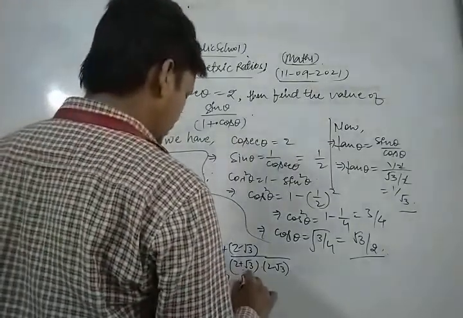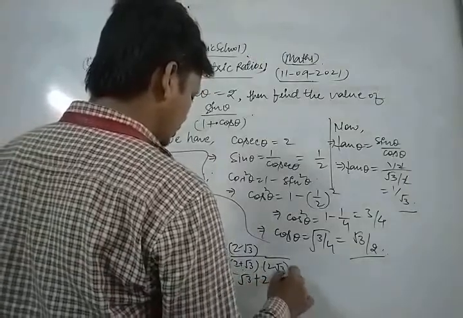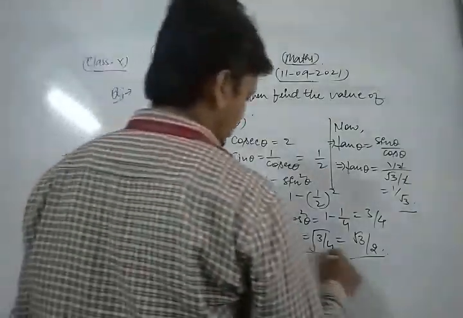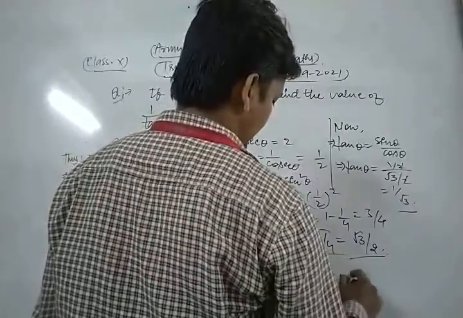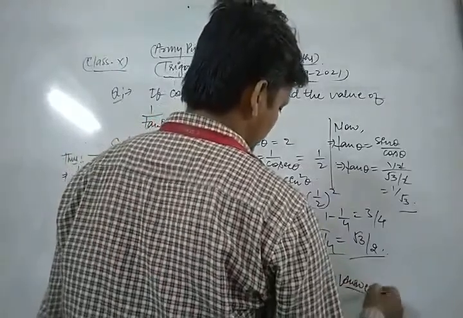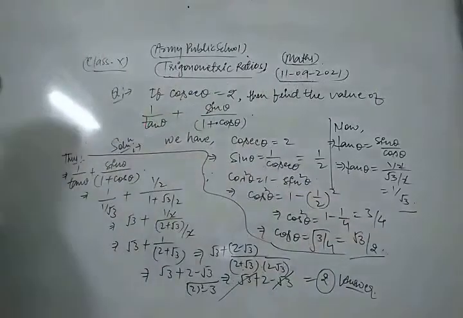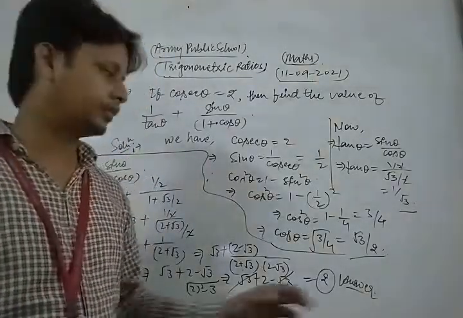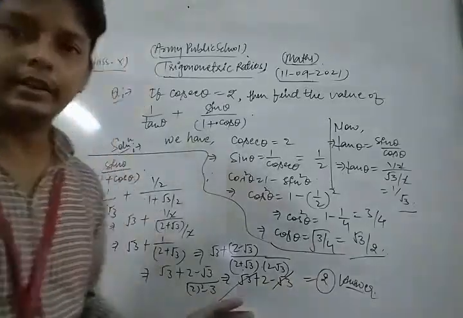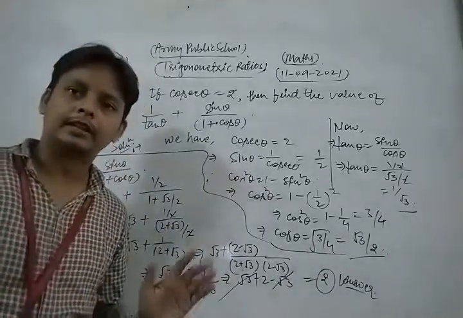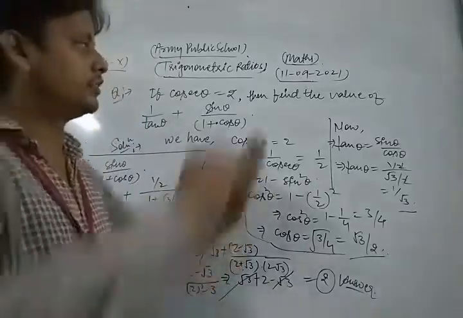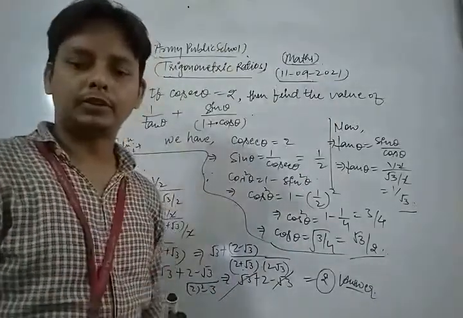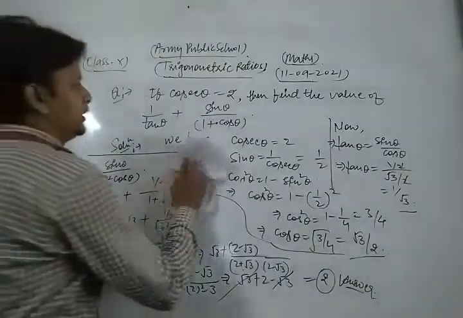So we get under root 3 plus 2 minus under root 3. So root 3 cancels each other. So we get 2 as the required solution of the given question. So in this way, dear students, you can solve this type of question, because all these questions are very important for your upcoming examination.